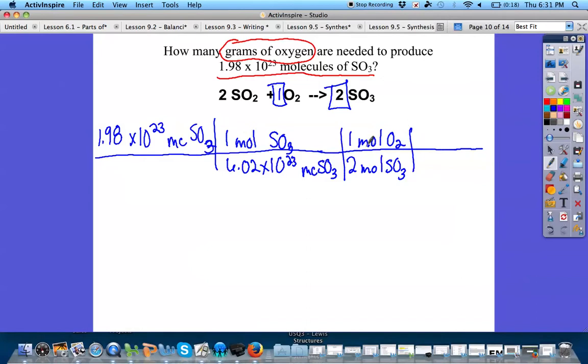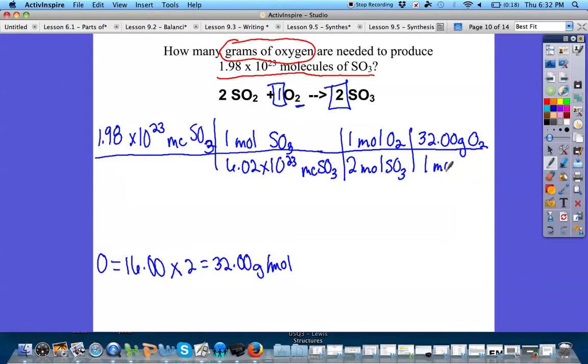And then grams of oxygen, we need to calculate the molar mass of oxygen, but we have more than one atom, so we're going to take oxygen's average atomic mass of 16, multiply that by 2 for our 2 atoms, and that's going to give us 32 grams per mole. So we're going to put 32 grams of oxygen on the top, 1 mole of oxygen on the bottom.